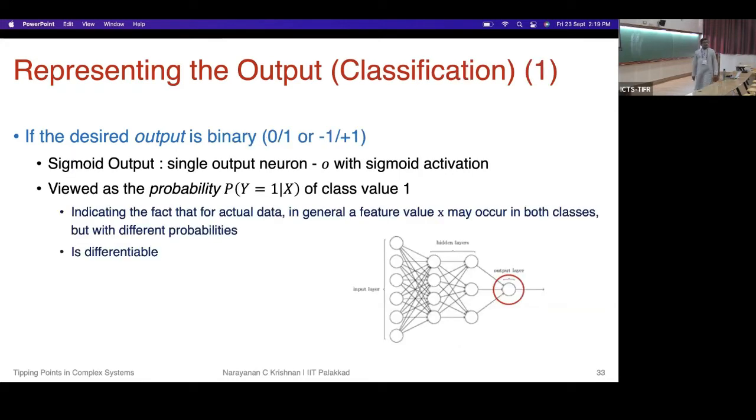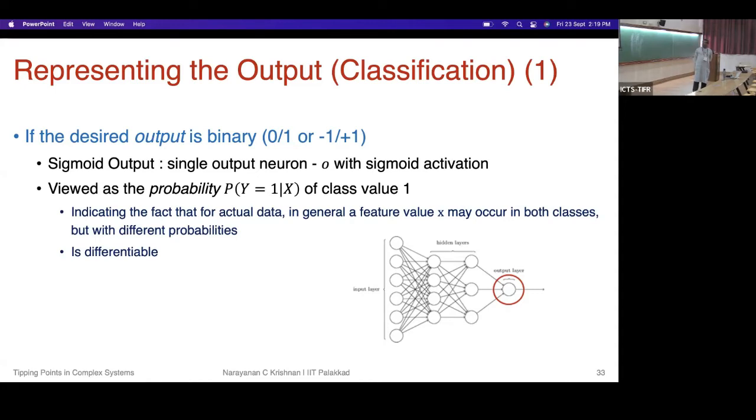What about if it is classification? If your desired output is binary, 0, 1, or +1, -1, you can either pick the output to be a sigmoid.